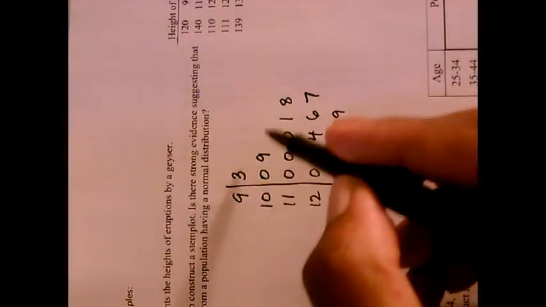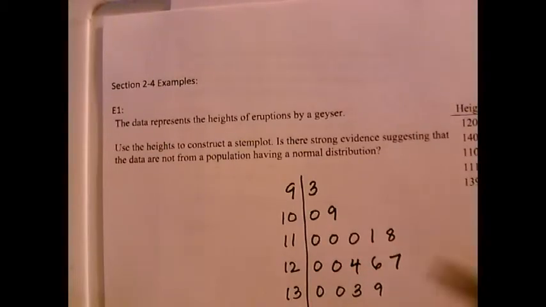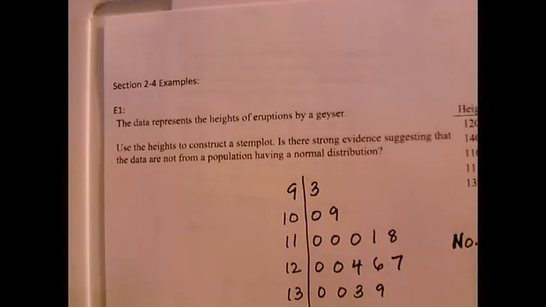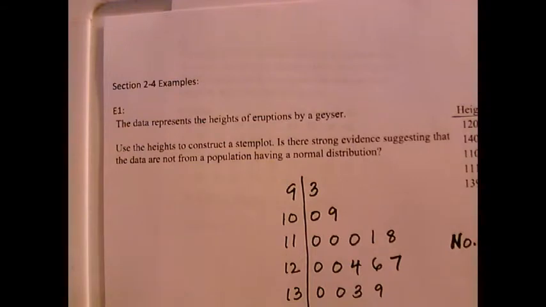Now, if you tilt this on the side, you'll see that it looks like a normal curve or normal distribution. So the answer to that question is no, there is no strong evidence against a normal distribution.